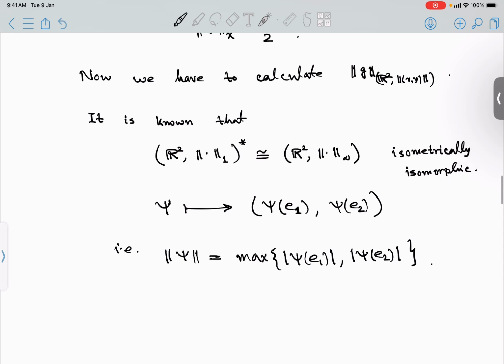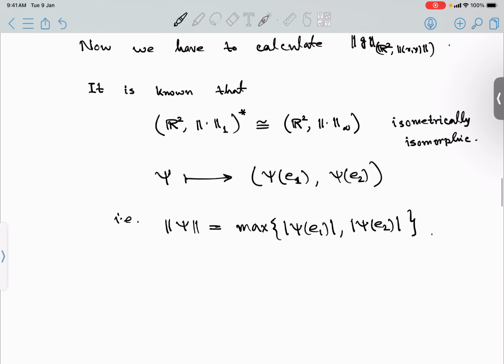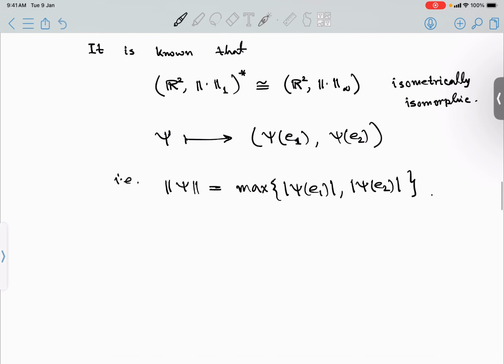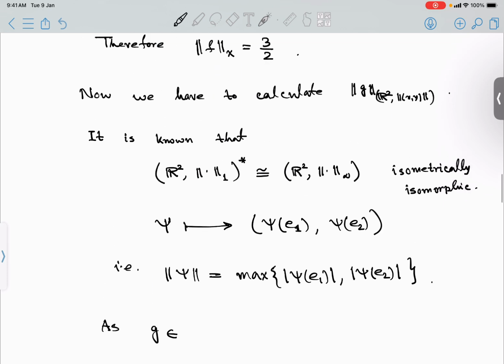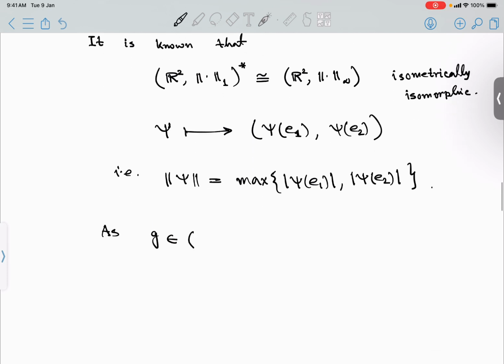So similarly G is in the dual of this, right? So as G belongs to R2 with this dual, basically this norm is the L1 norm.